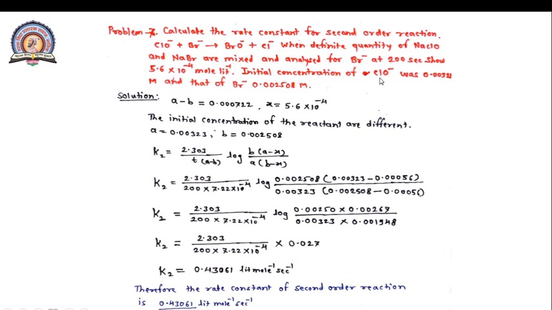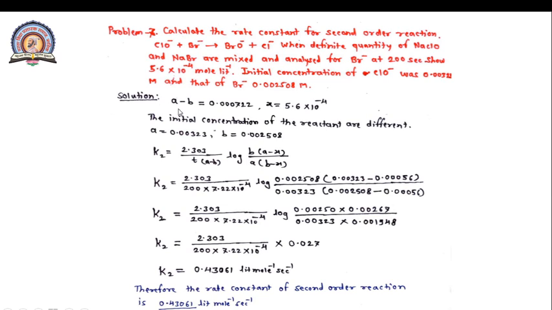The initial concentration of ClO minus was 0.00323 molar and that of Br minus is 0.002508 molar. Now here in these examples, the initial concentrations are different.